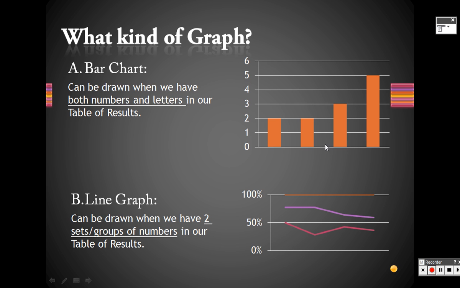The letters will go on the x-axis, and the numbers go on our y-axis. A line graph can be drawn when we have two sets or two groups of numbers in our table of results. Numbers on the y-axis and numbers on the x-axis.